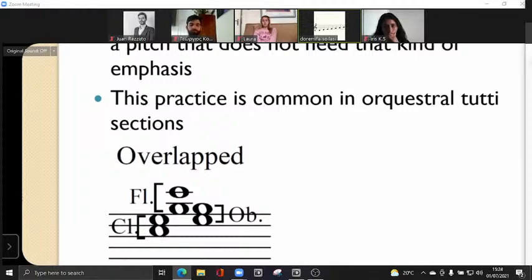We don't care very much if we are doubling the third or the fifth, or two instruments are playing the same note, because the effect we are looking for is an orchestral forte.